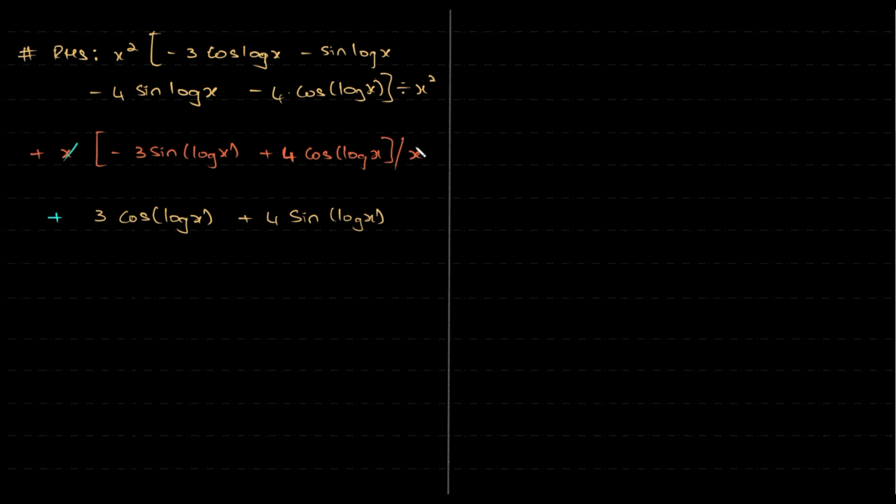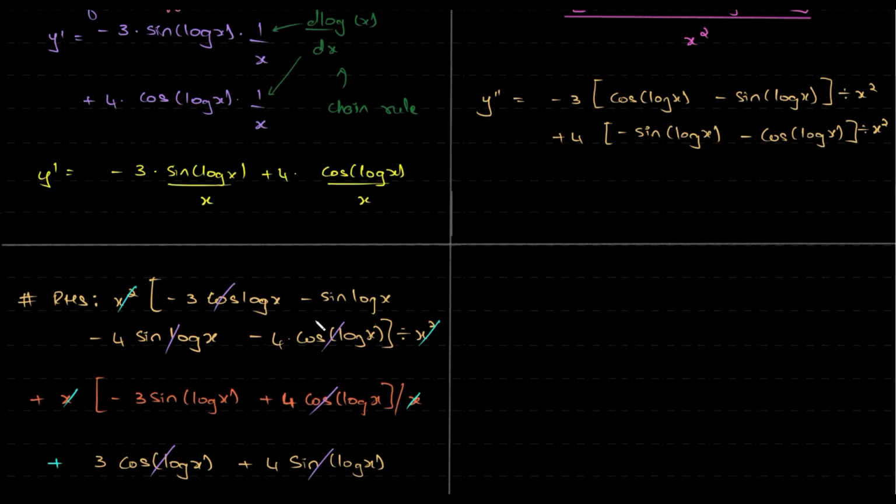Now we have this 2 getting cancelled, this 2 getting cancelled, and this is going to be minus 3 cos log x, then plus 3 cos log x. This 2 can get cancelled. Then we have minus 4 sine log x, and this can get cancelled. Then do we have something else? This term and this term should get cancelled, and we have, maybe I did a mistake over here.